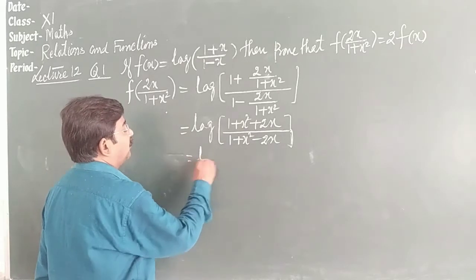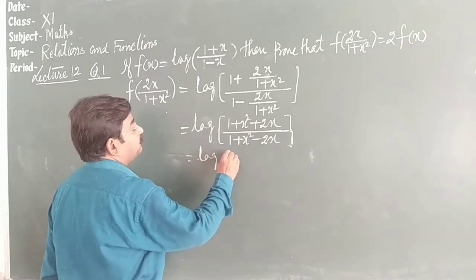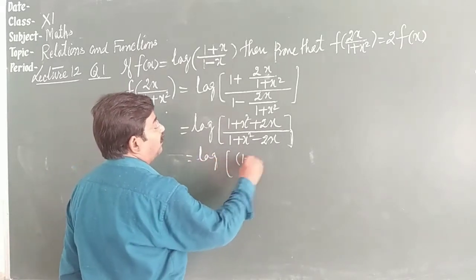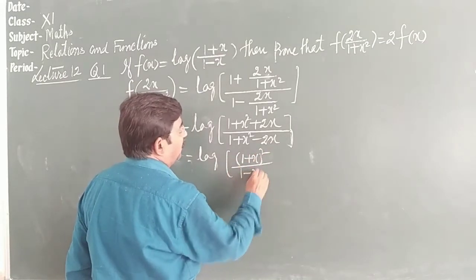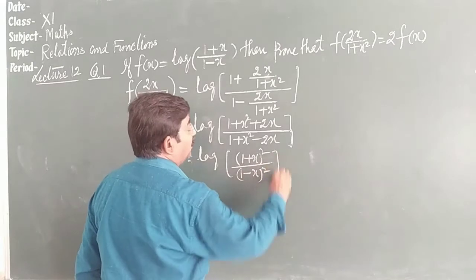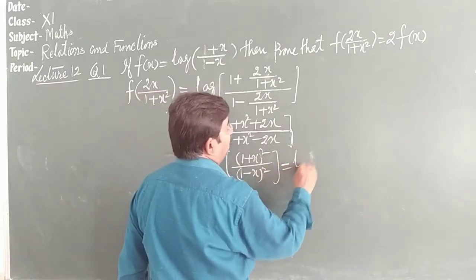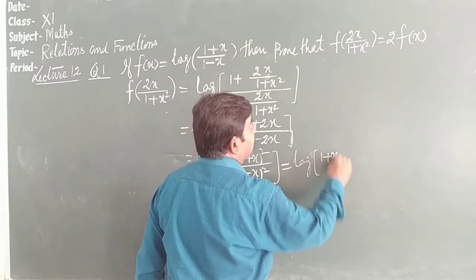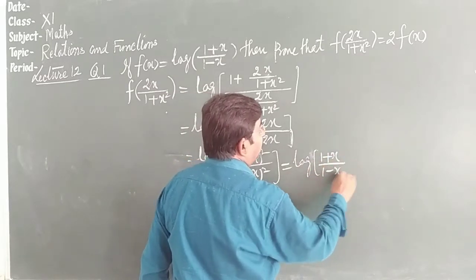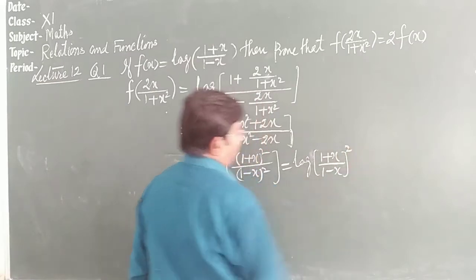So we have log of (1 plus x) whole square upon (1 minus x) whole square, or we can write log of ((1 plus x upon 1 minus x) whole square).